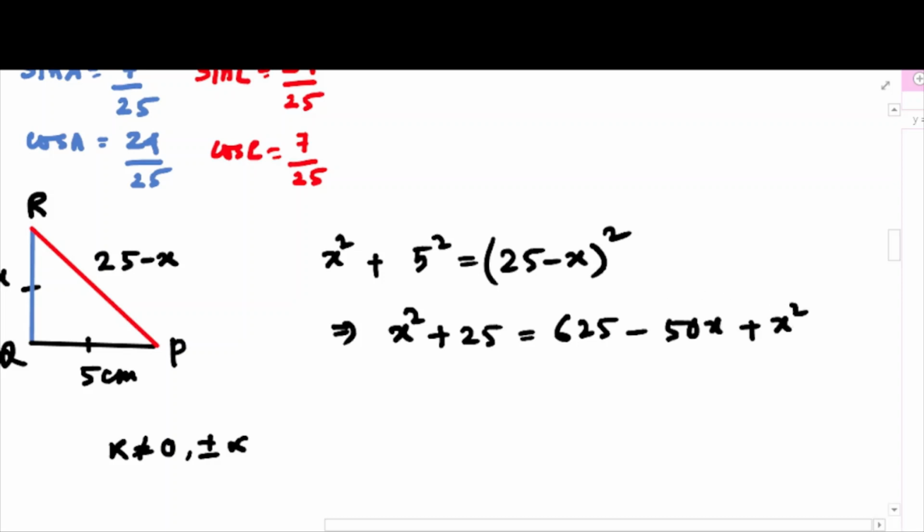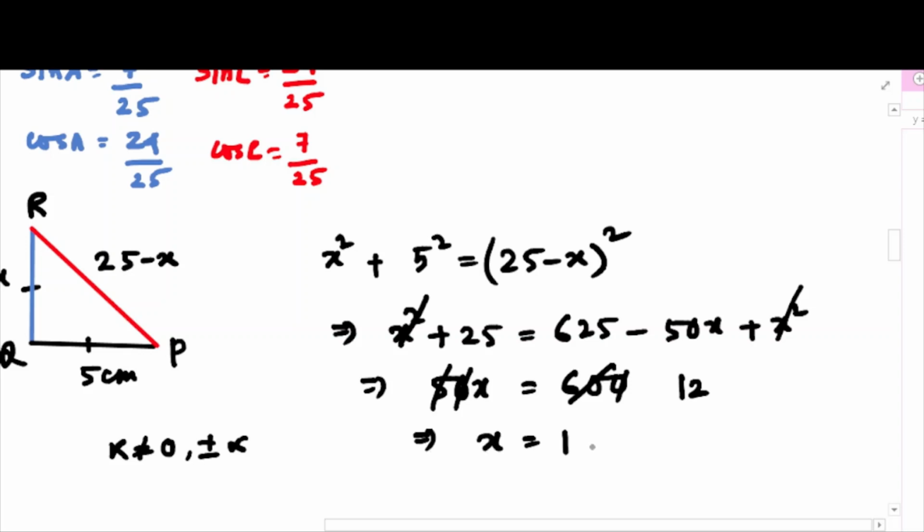I have applied the (a minus b) whole square formula. Now from both sides this x square gets cancelled, so I'm getting 50x equals 625 minus 25, 600. This 0 gets cancelled, by 5 if I cancel I'll get 12. So the value of x equals 12.